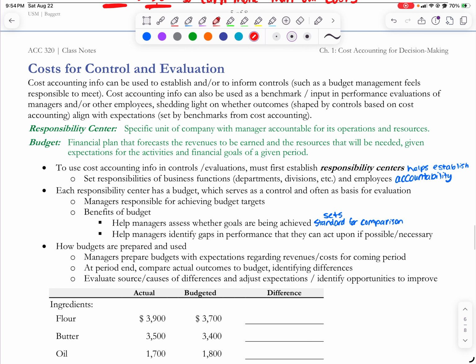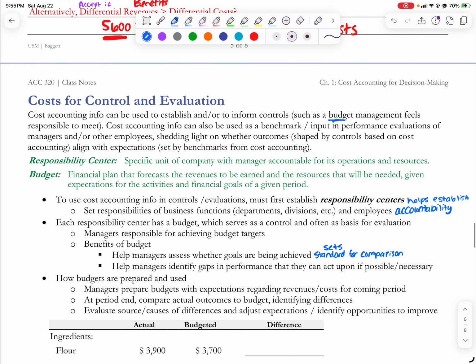So it can be used to establish or inform controls, particularly budgets. And management normally feels responsible to hold themselves to that budget, or to meet or beat the budget, if you will. Cost accounting info is often used to help inform or build that budget. So in using it to help build the budget, it helps set these benchmarks.